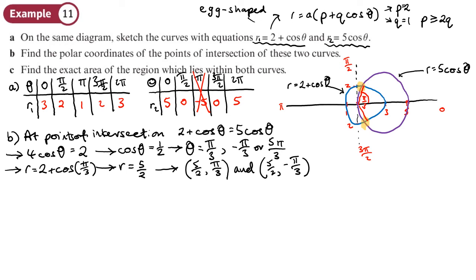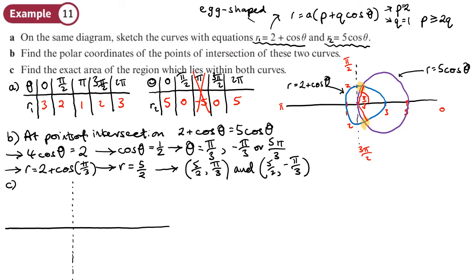I'm just going to draw a bigger version of the diagram for part C down here, because we need to see exactly what's going on. So there's my initial line there. Let's take that off and put a dotted line there instead. Let's zoom in on this area that we're trying to find.